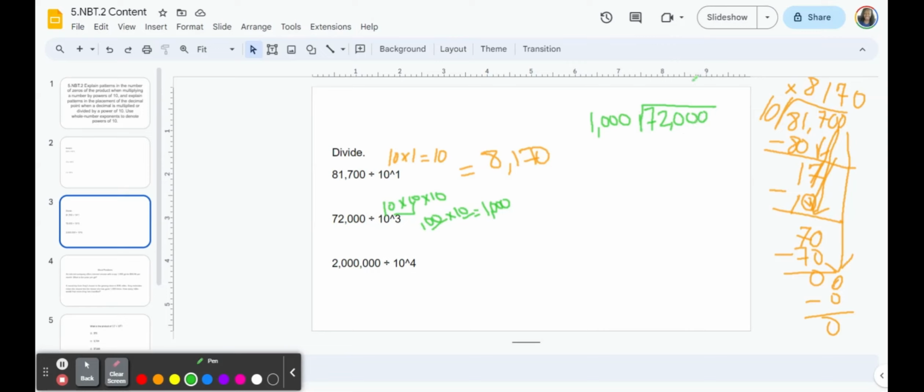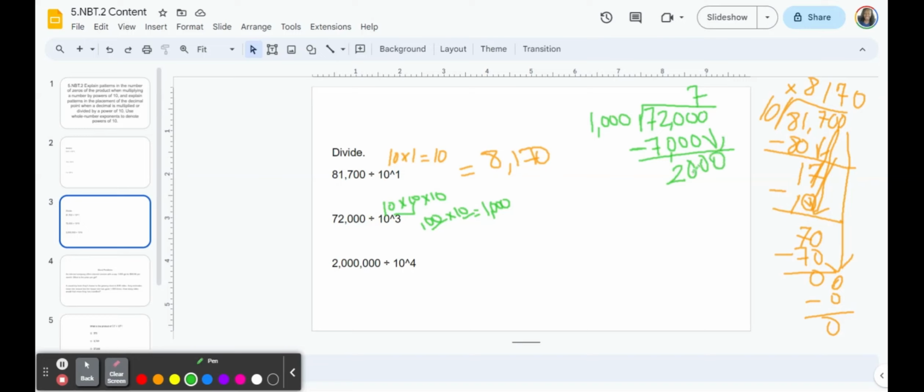Yes, it could. So it could at least go in there 7 times. 7 times 1,000 is 7,000. So now we're going to subtract 0, 0, 2 minus 0 is 2. And 7 minus 7 is 0. So then we drop the last 0.